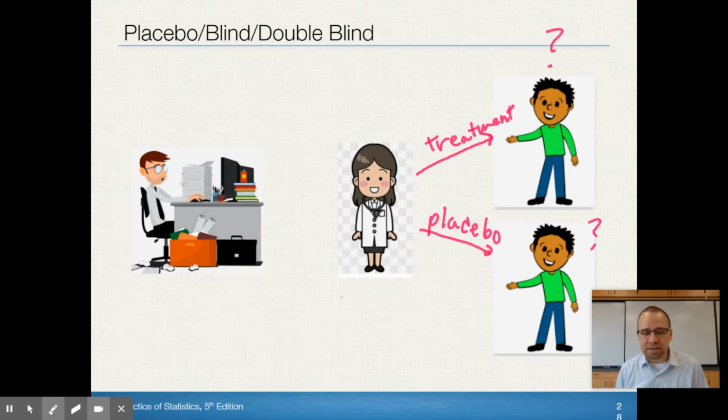What happens is that if the person who's administering the treatment knows, oftentimes the patients can tell just by facial expressions whether or not they're getting the treatment or the placebo. A lot of these circumstances are like life and death, and usually the person administering the drug has compassion for the patient.